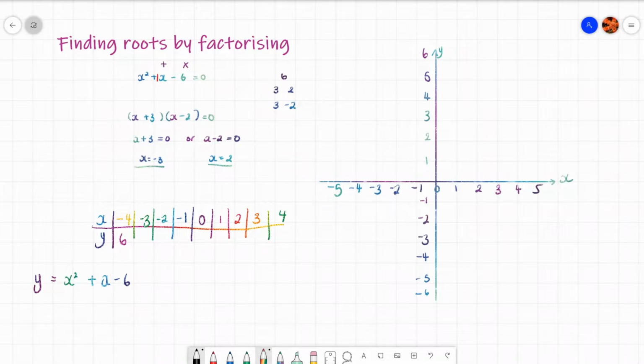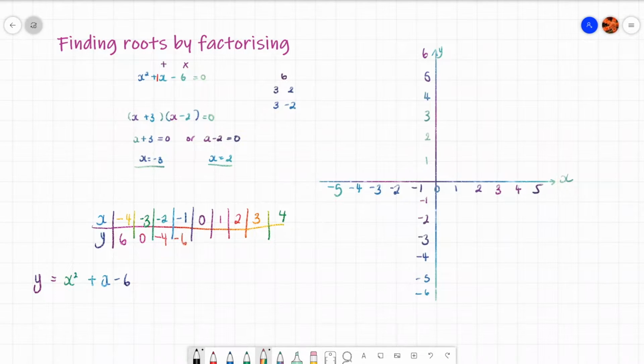Next one, minus 3 squared is 9. 9, add minus 3, then take away 6 is 0. Minus 2 now. Minus 2 squared is 4, take away 2, take away 6 is minus 4. Let's do minus 1. That's just 1, take 6 is minus 6.